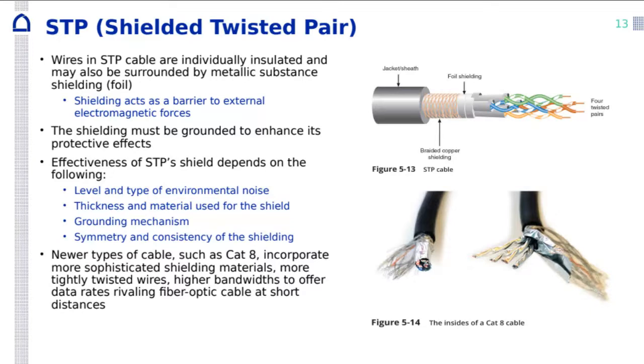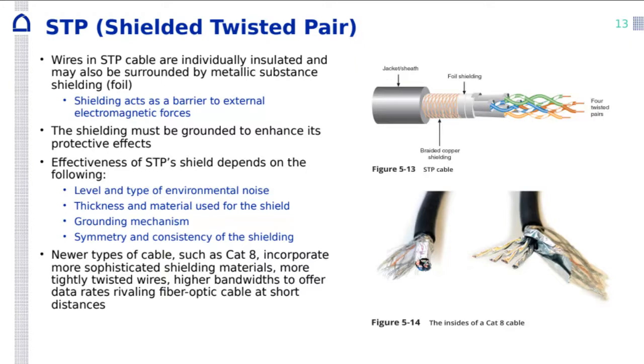The effectiveness of the STP shield depends on the level and type of environmental noise, the thickness and material used for the shield, the grounding mechanism, and the symmetry and consistency of the shielding. These all affect the quality of the shielding and the cable.